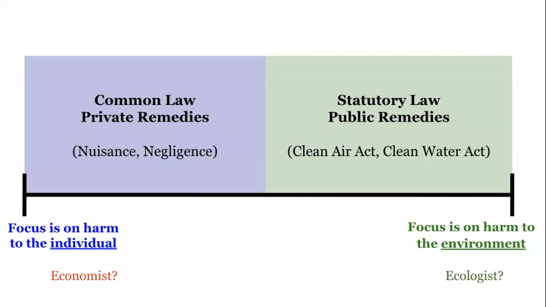And in fashioning a remedy, as we saw in those two nuisance cases, Boomer and Spur, we're really talking about a sort of benefit-cost analysis. Whereas on the other side, we haven't gotten into the details of some of the public remedies, but we did overview them. And we can say things like the Clean Air Act and Clean Water Act are much more programmatic. And they really are focused, even if our definition of environment is human-centered, which it often is for these public laws, they are.